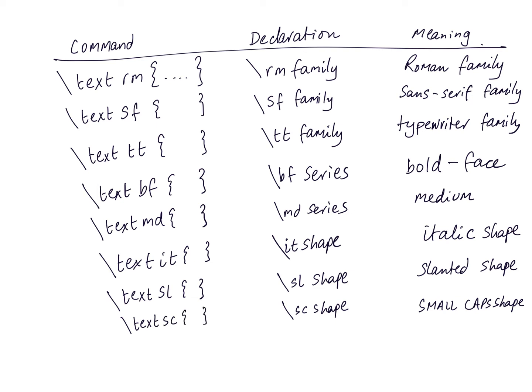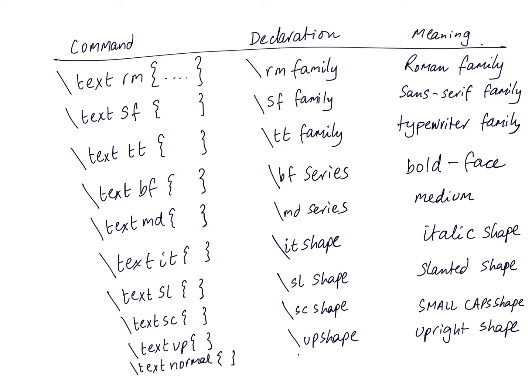And then text up is your upright shape. So you see the consistency in the command, your upright shape. And then the default is just text normal, normal font, default.